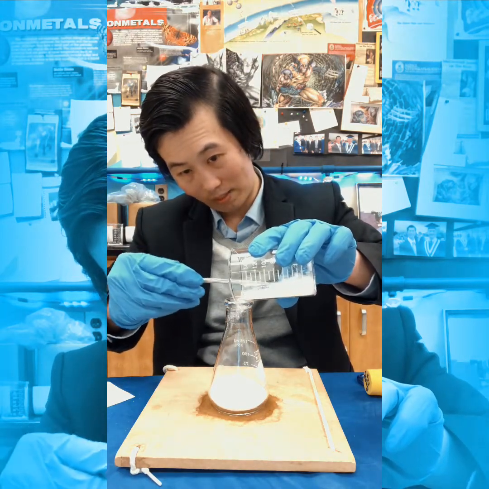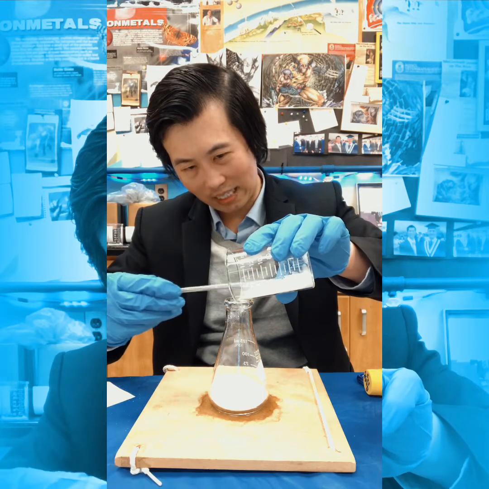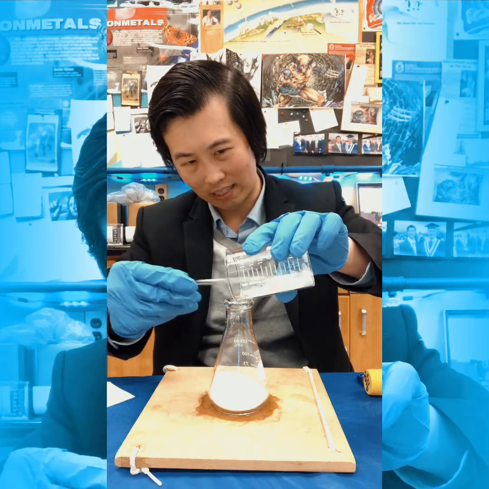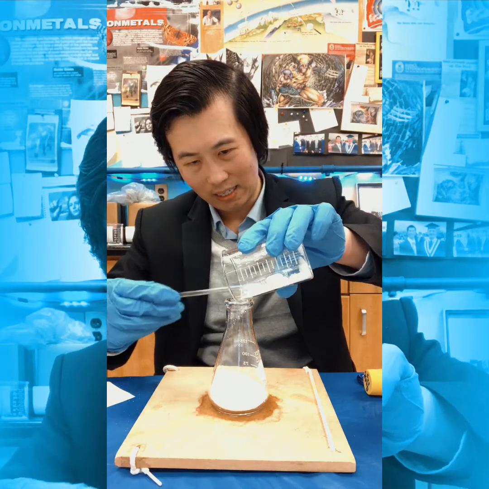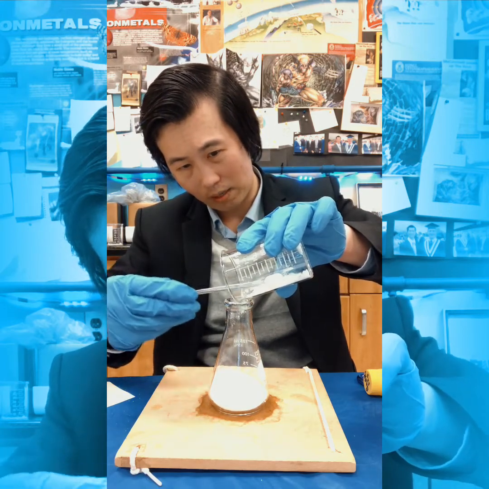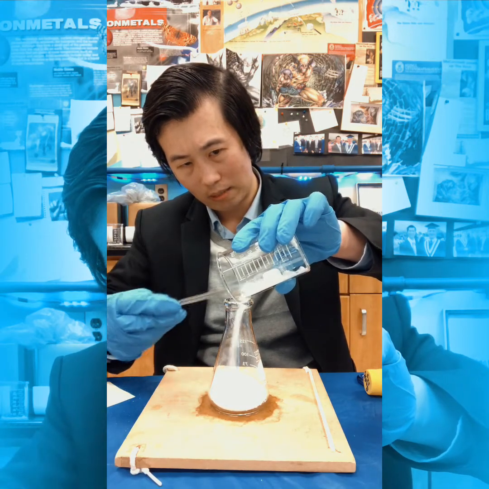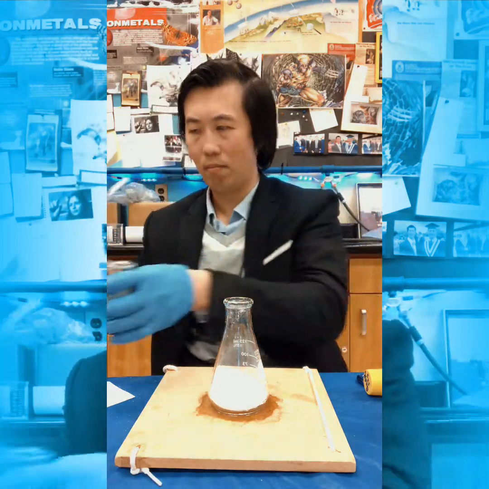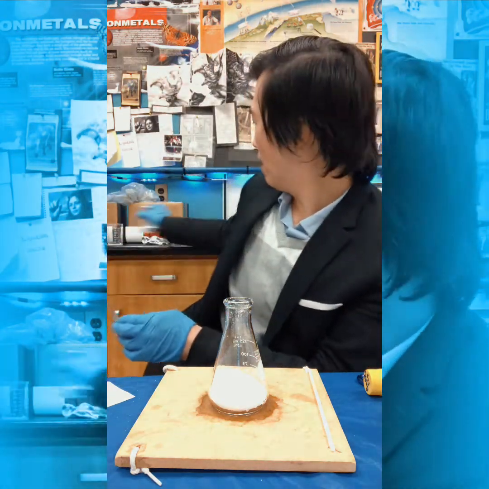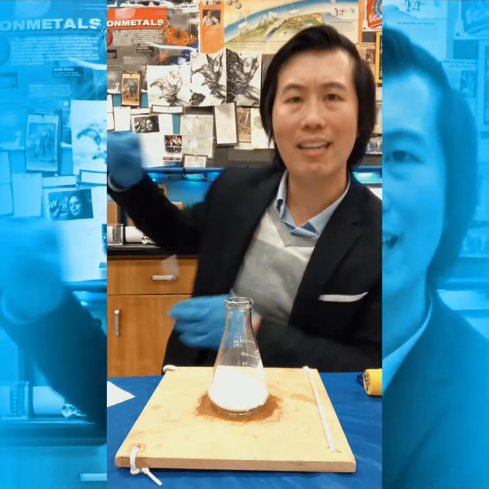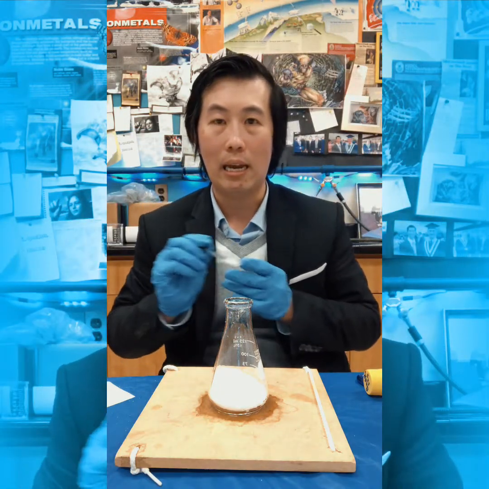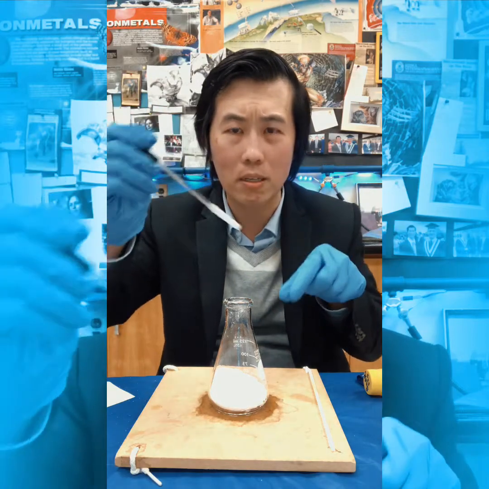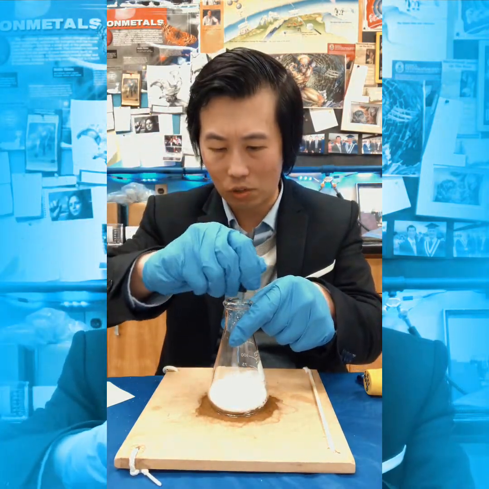Nice and steady. The suspense is killing us. And I'm trying not to spill. Excellent. Now, when I put that in there, notice that I didn't add any water. It's hard for you to see, but I'm going to take my stir stick and swirl.